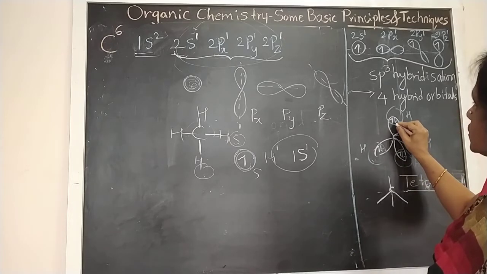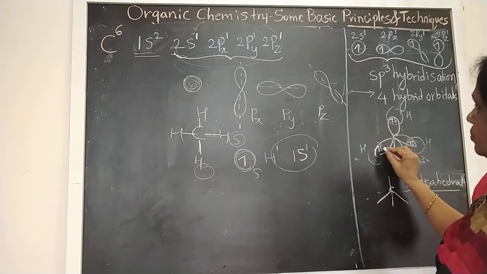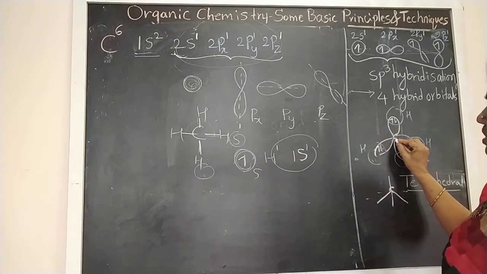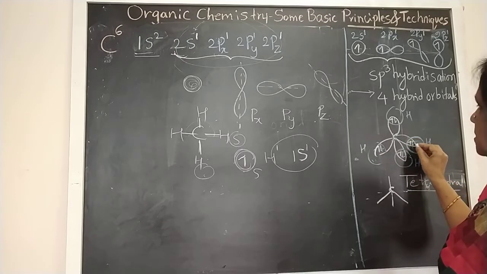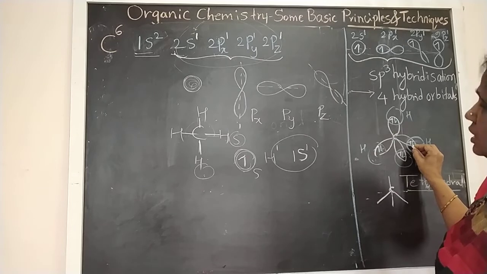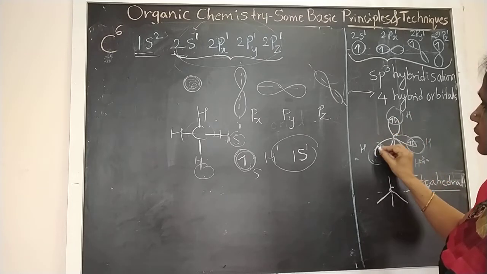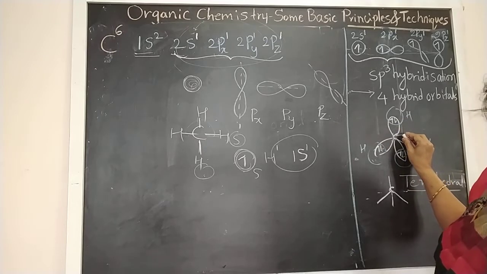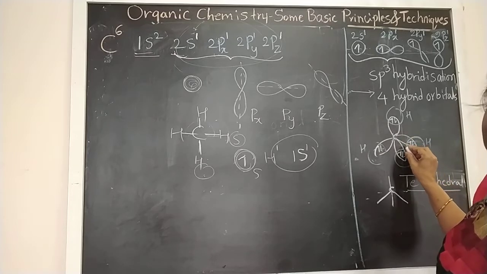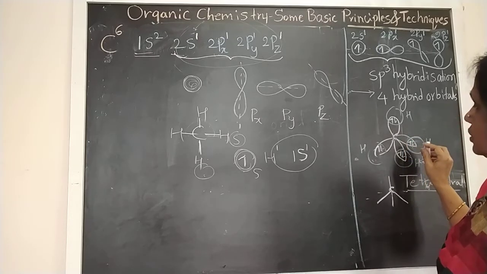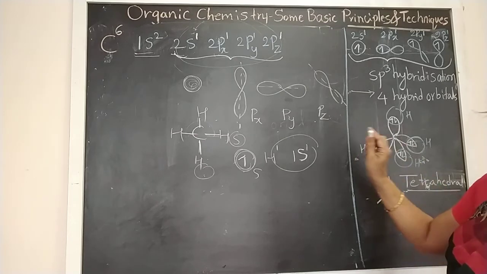During the formation of methane, these 4 hybrid orbitals of the carbon overlap with the s orbitals of the 4 hydrogens, each containing 1 electron, and form 4 equivalent bonds. That gives the tetrahedral geometry to methane.